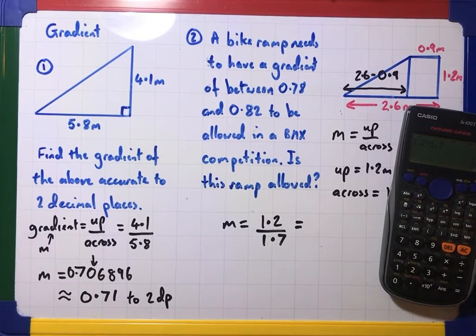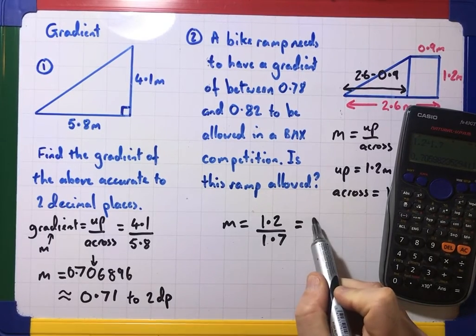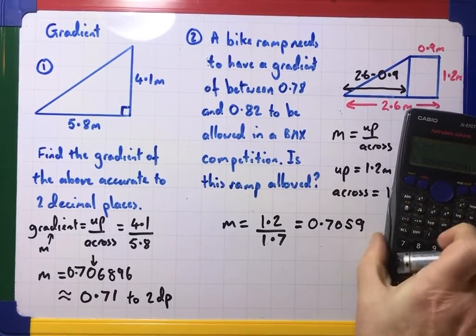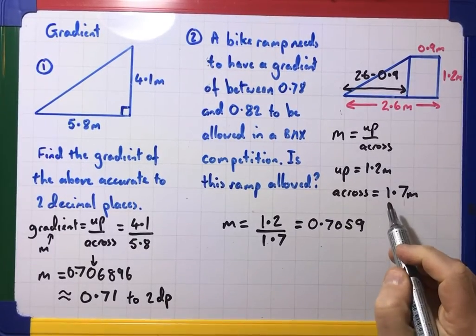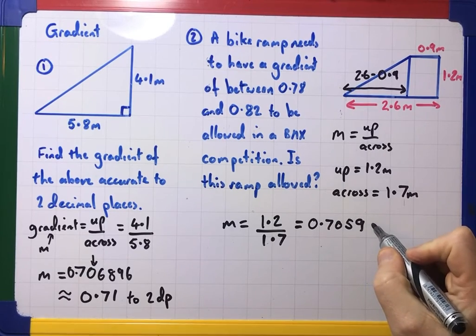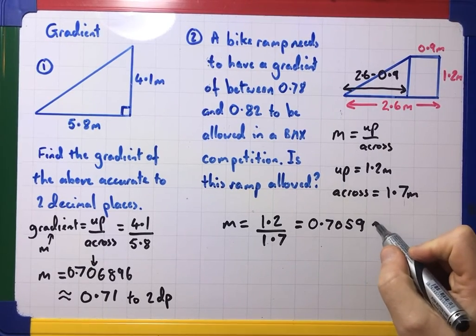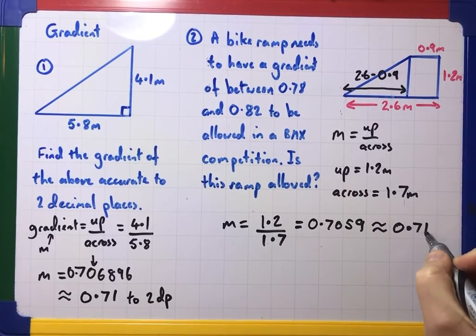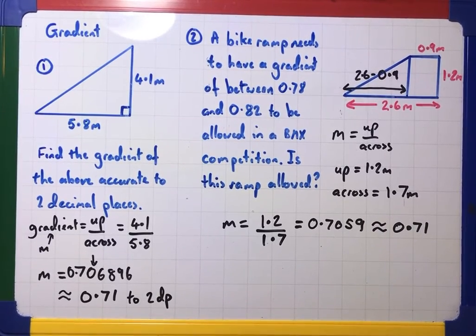Again, it's given me a fraction. Don't want a fraction. Hit that, and it's got 0.7059. Which, if I'm rounding it, is approximately 0.71 again, isn't it?